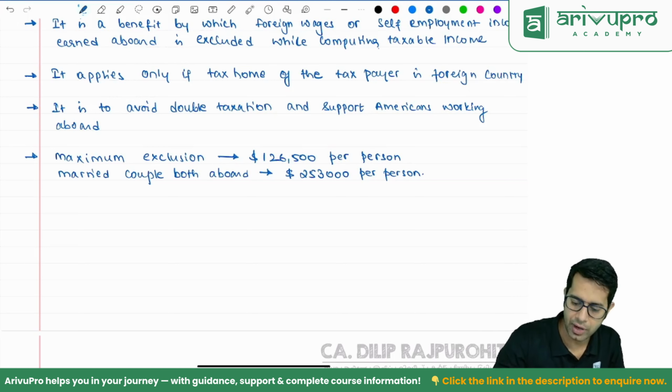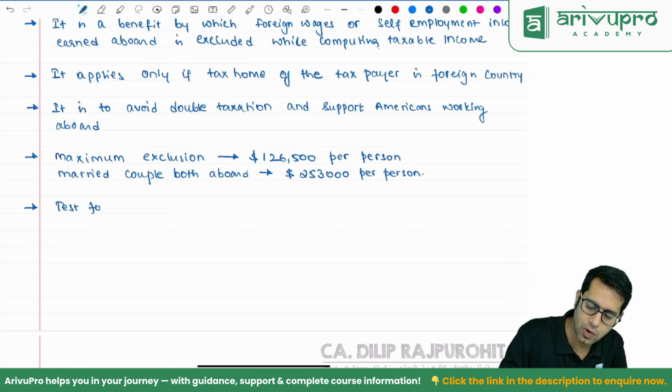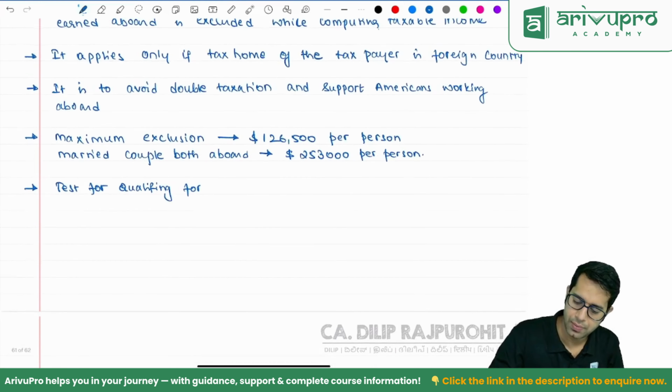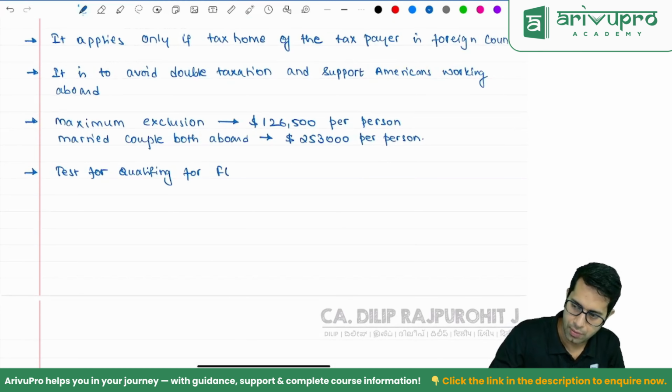So here for exclusion, two tests will be conducted. Test for qualifying for foreign earned income exclusion. There are two tests.